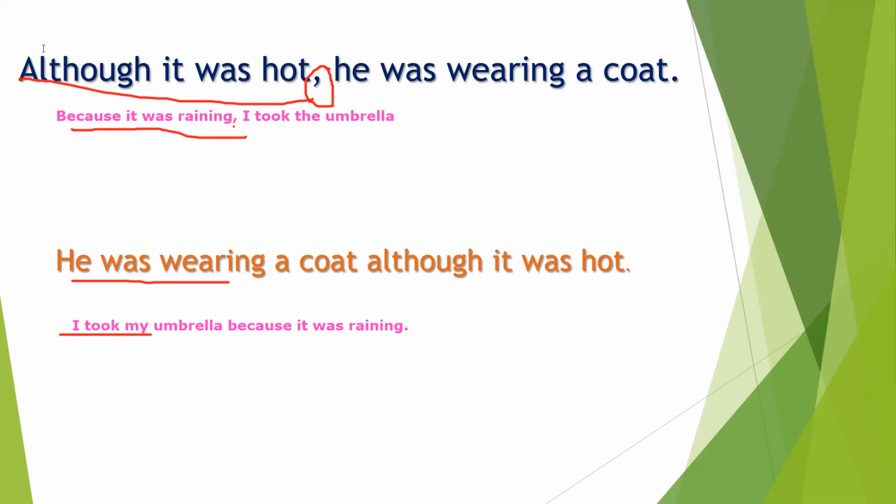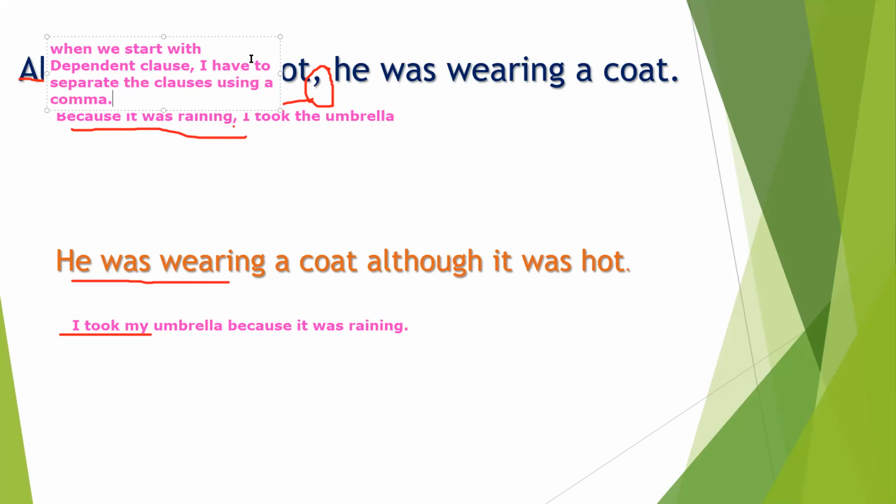If you're saying that when we start with the dependent clause, comma, I have to separate the clauses using a comma, which I just did, by the way, in this sentence I wrote. Exactly. You're right if you're thinking this way.